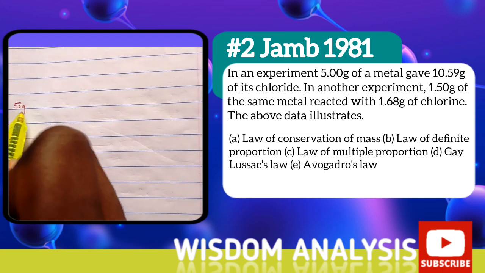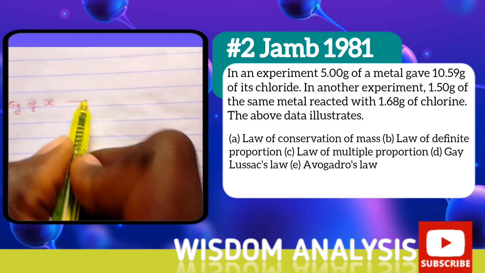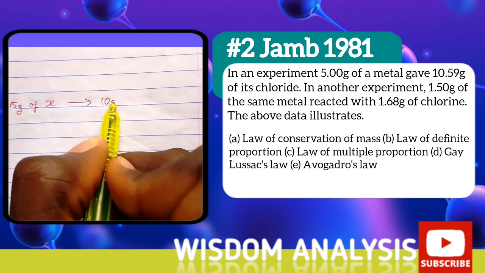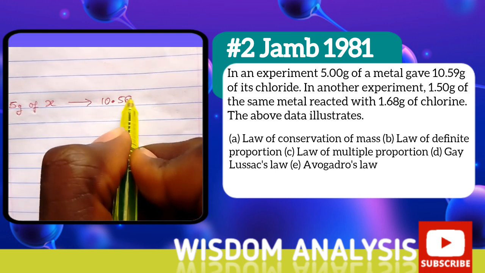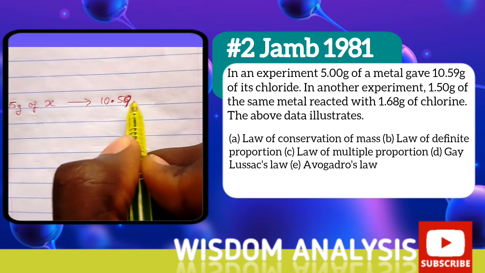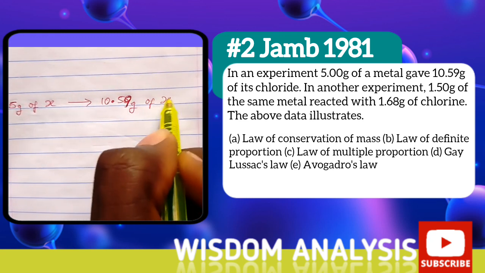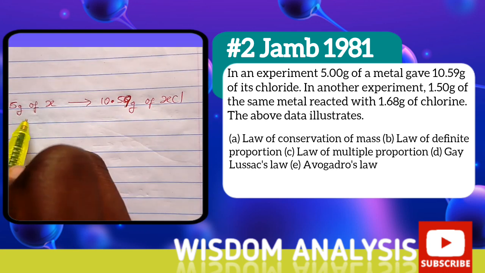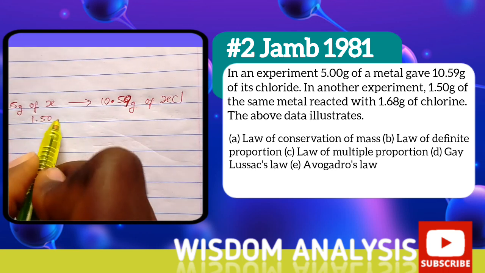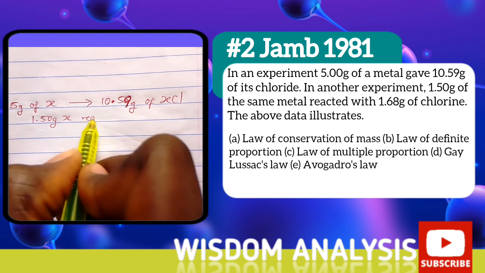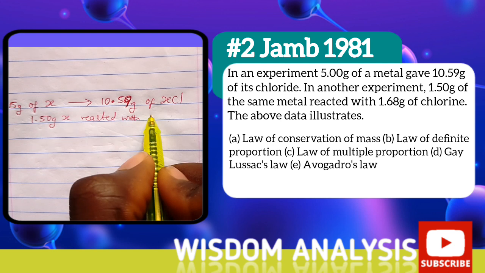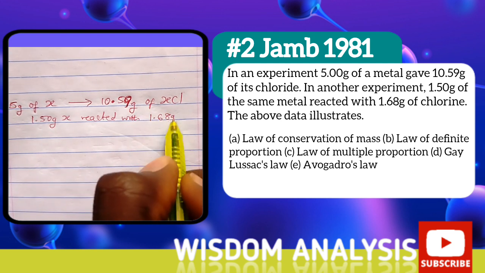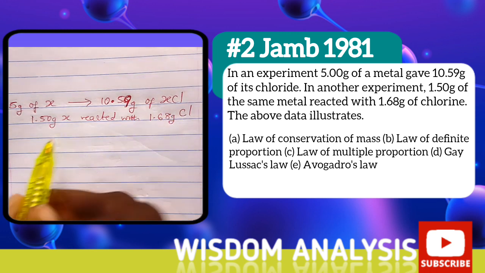Okay, so we have been told that 5 gram of X gave 10.59 gram of its chloride, that is X chloride. Now 1.50 gram of X reacted with 1.68 gram of chlorine.